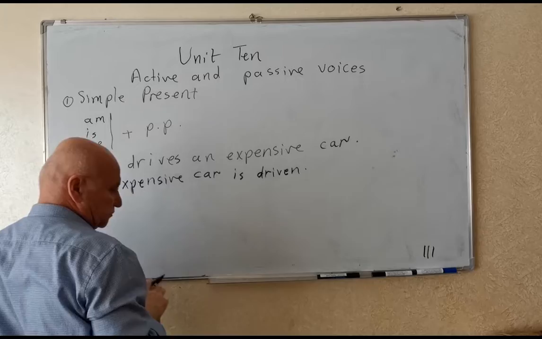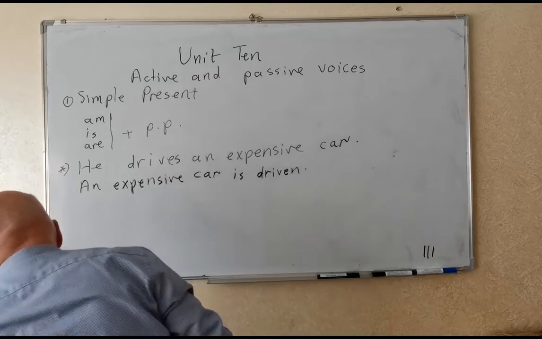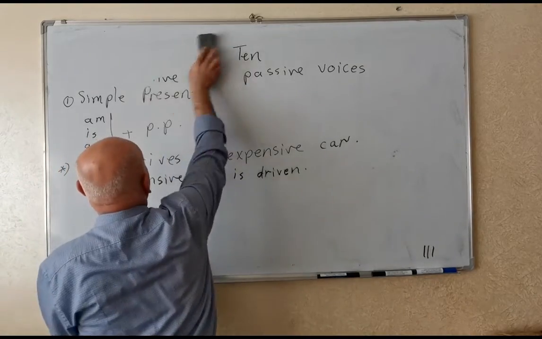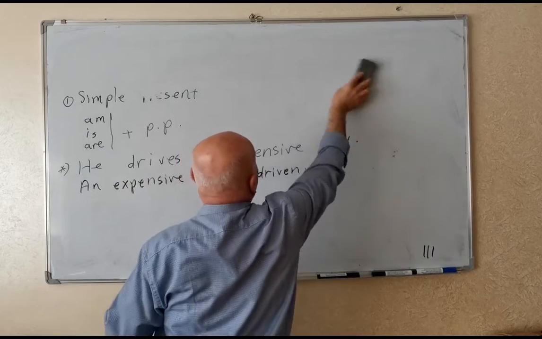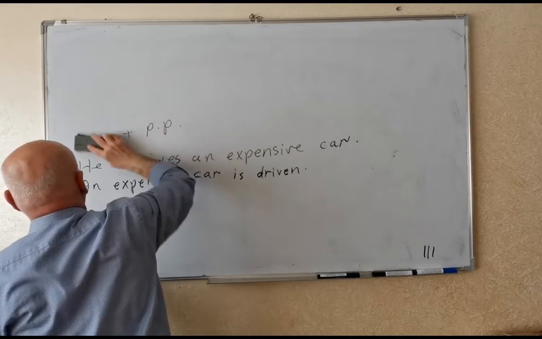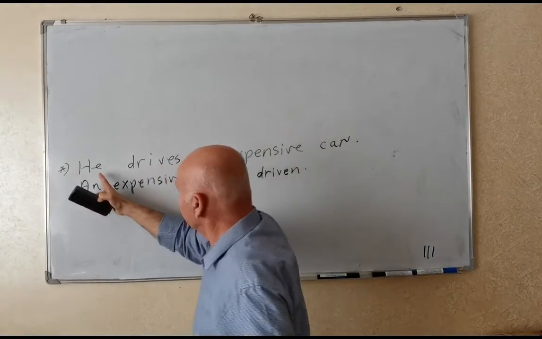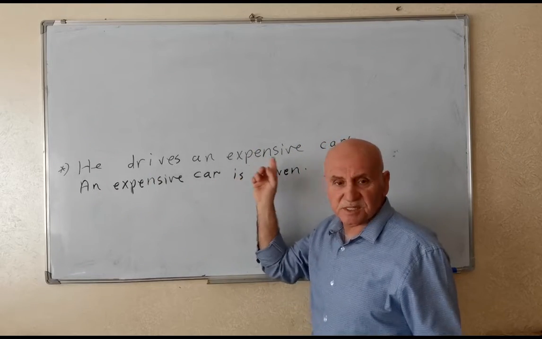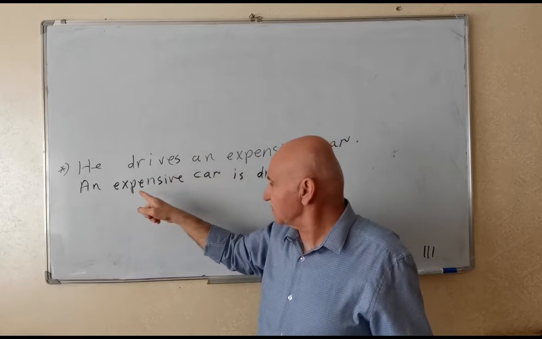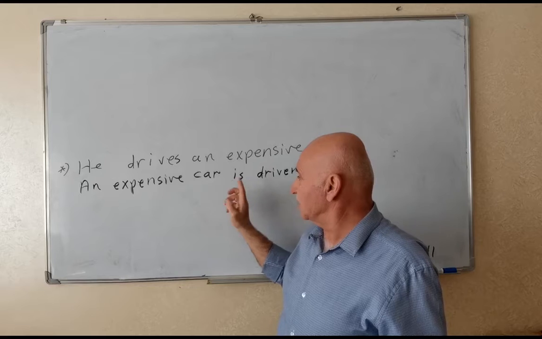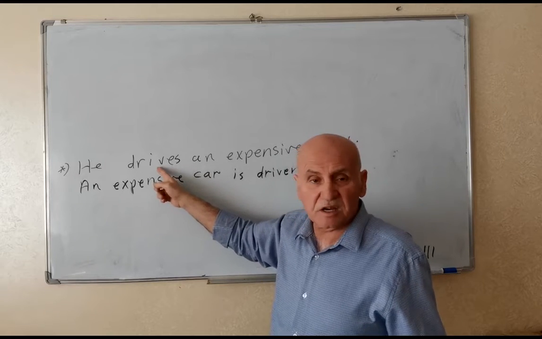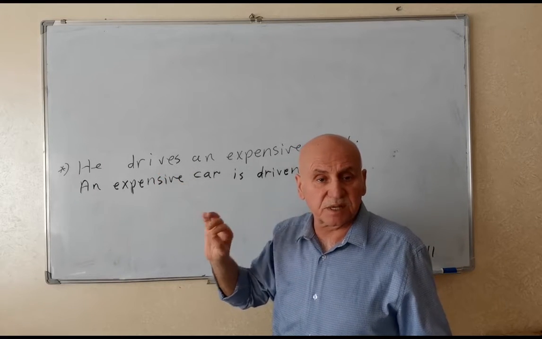Number 2. Again, he drives an expensive car. An expensive car is driven. Why is? Because drives is a verb in the present simple.